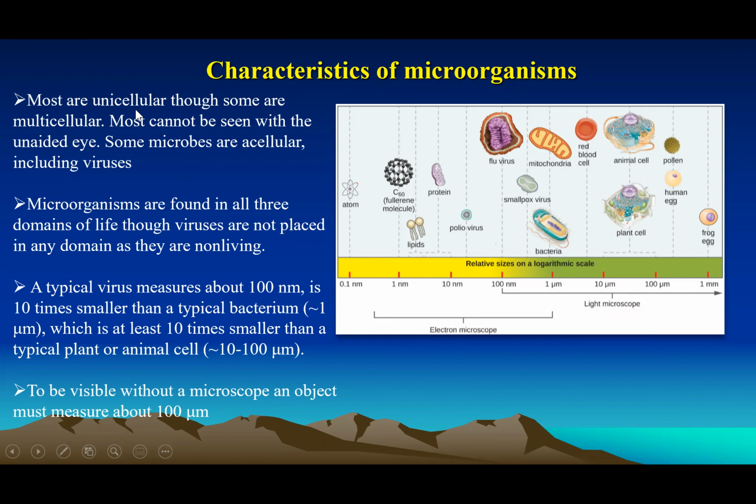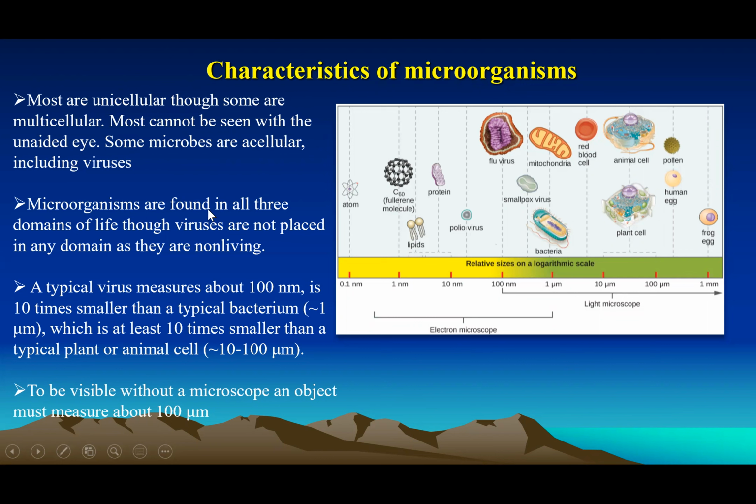Most microorganisms are unicellular. However, there are some that are multicellular. Most of them, you need a microscope to see. However, some larger ones like mushrooms that come under microbiology, you can see. Some microbes are acellular and not living. A good example is a virus.